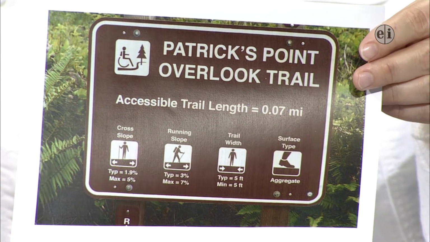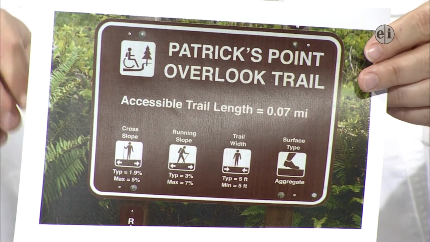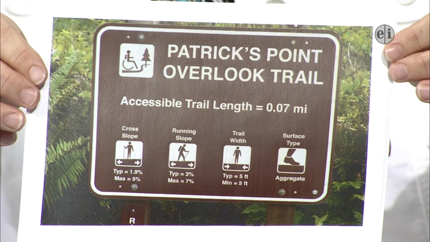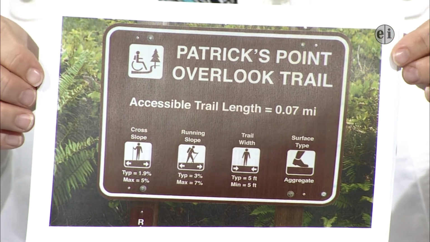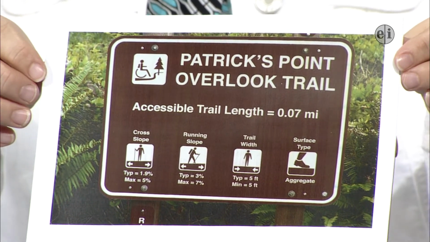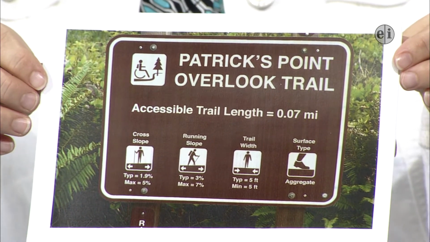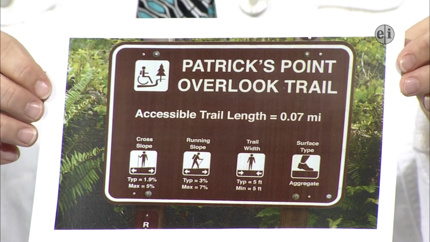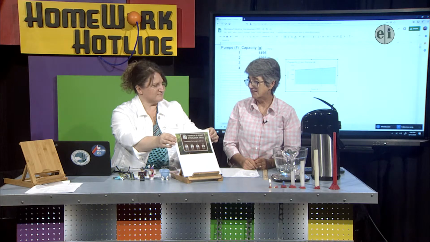Okay, so different trails you're going to see where they would talk about slope. And that'd be helpful to know as a runner, because when you go up a steeper slope, you're using more energy, and so it might require more energy than you want to do at any one particular time. So you may want to stick with the 3% rather than the 7%.